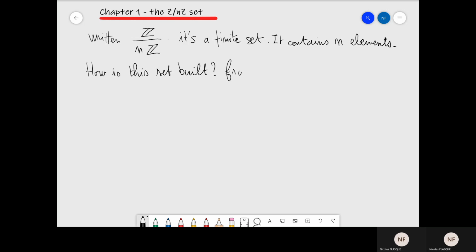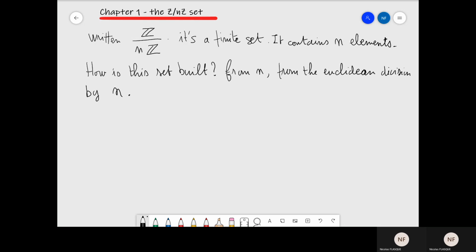So it's built from n, and from the Euclidean division by n. So n is kind of a parameter for this whole set. We will take examples with several different values of n to show you how all this works.